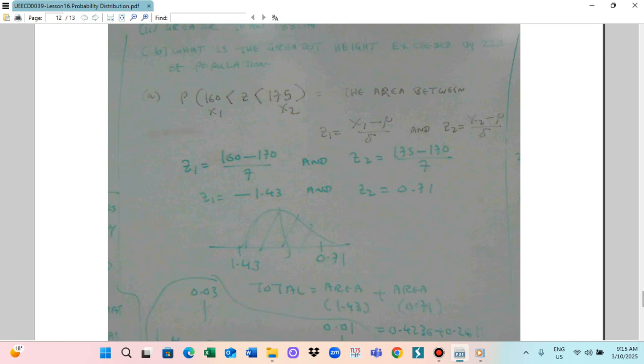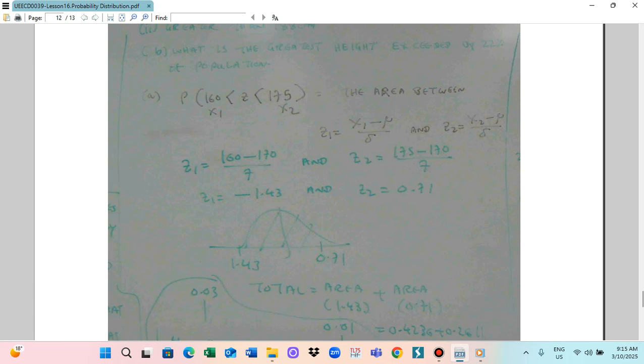This probability is the area between Z1 equal to (H1 minus mu) by sigma and Z2 equal to (H2 minus mu) by sigma. In this case, you have to substitute H1 is 160, H2 is 175, mu is 170, sigma is 7. So we can calculate.